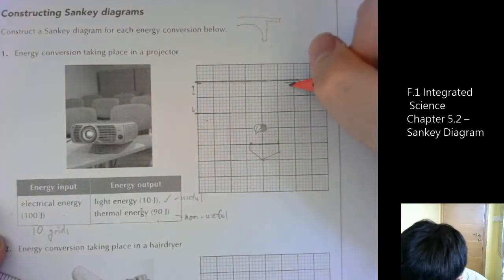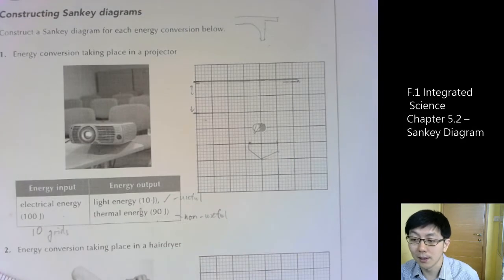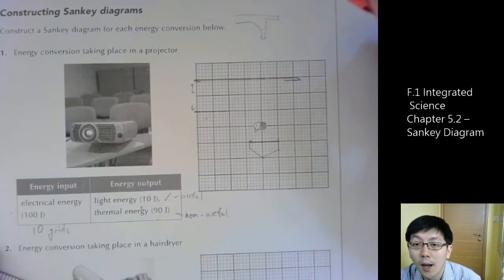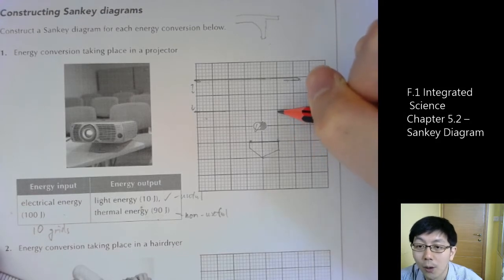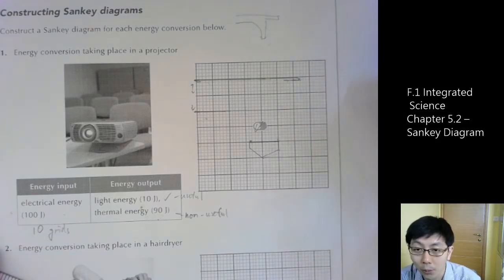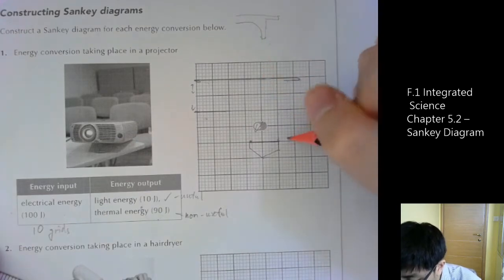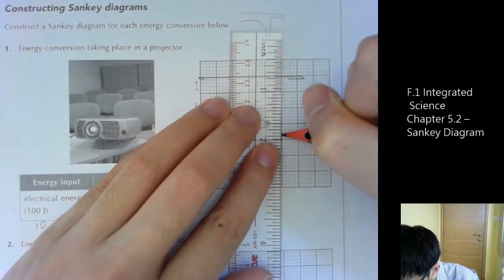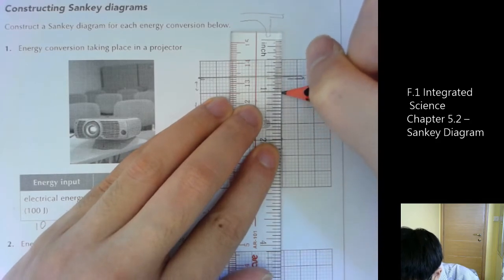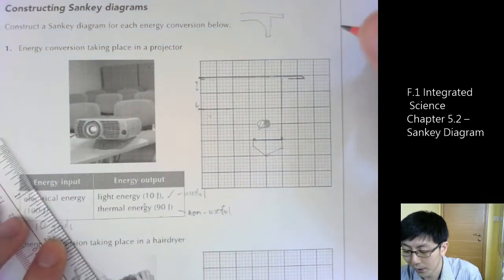So the first one, this will be easy. Now for me, I will just use a right angle to connect the arrows. Now what does it mean? So I'll do it like this. Here we have 9 grids, so I put the arrows in this way.